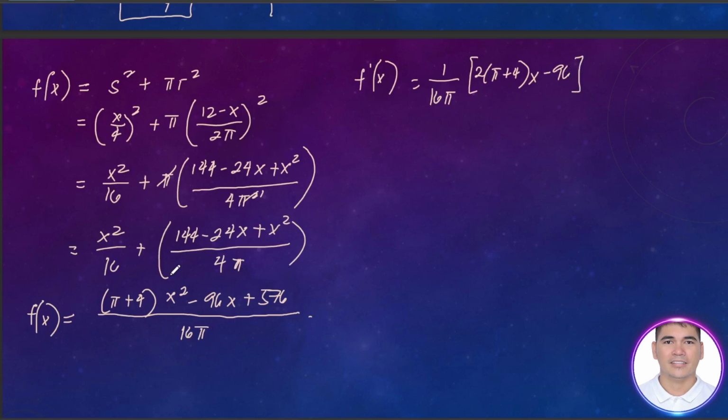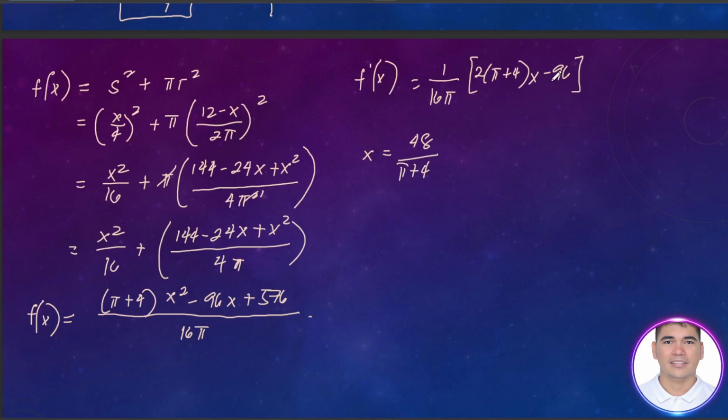Okay, so if you derive this, now we are going to find the critical number. Simplifying this, we get the critical number, which is x equal to 48 over pi plus 4.